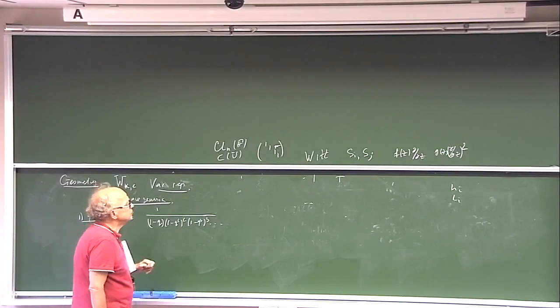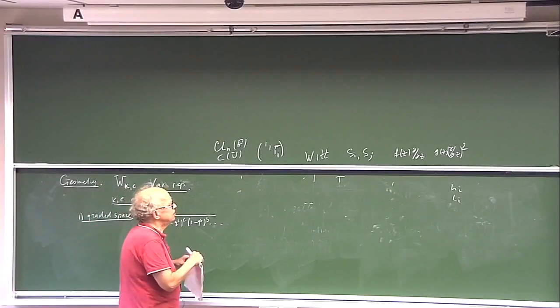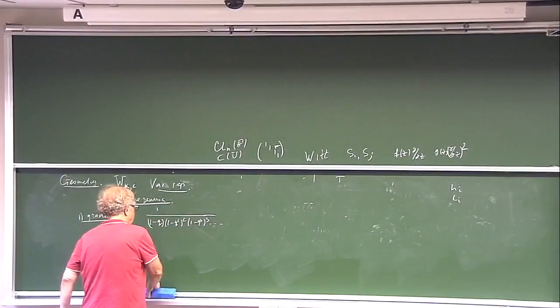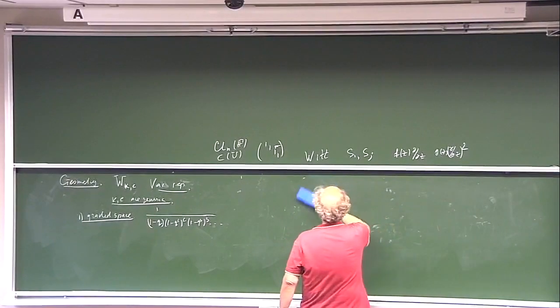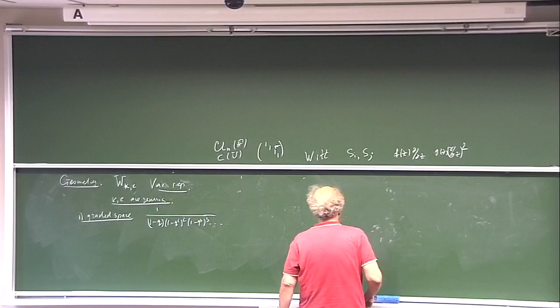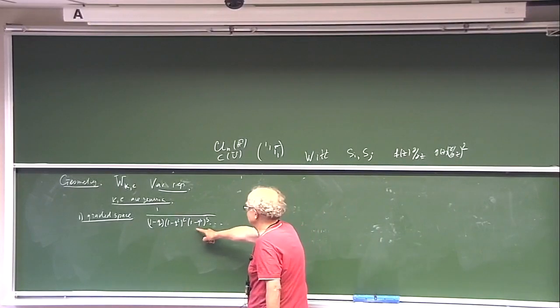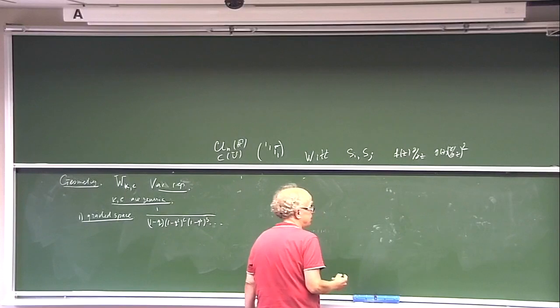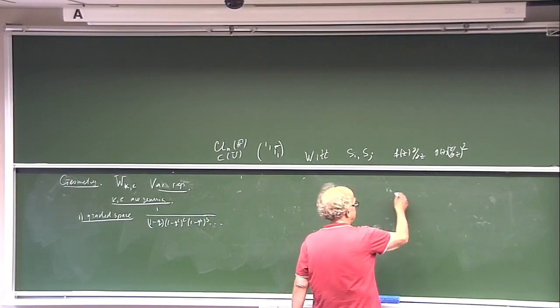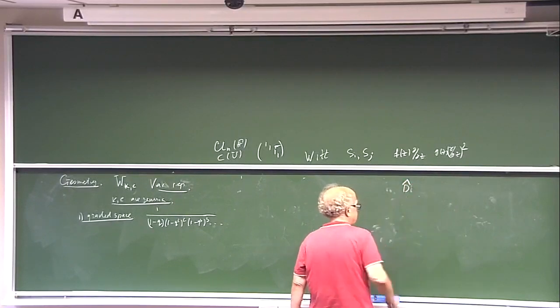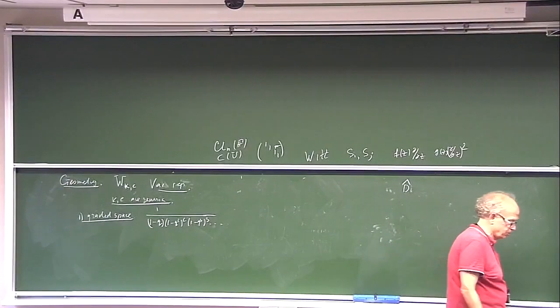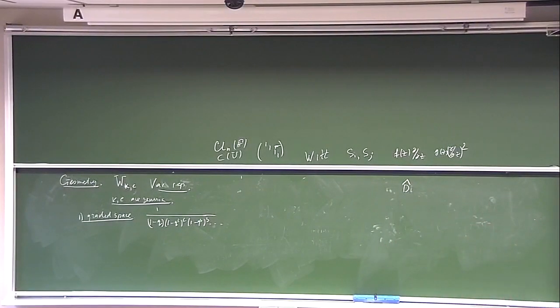Now, what kind of representation is this? Because I said that the W-algebra is a deformation of the algebra of differential operators, and the algebra of differential operators is also a vertex operator algebra. So we expect and really want that this algebra has a representation of such kind.